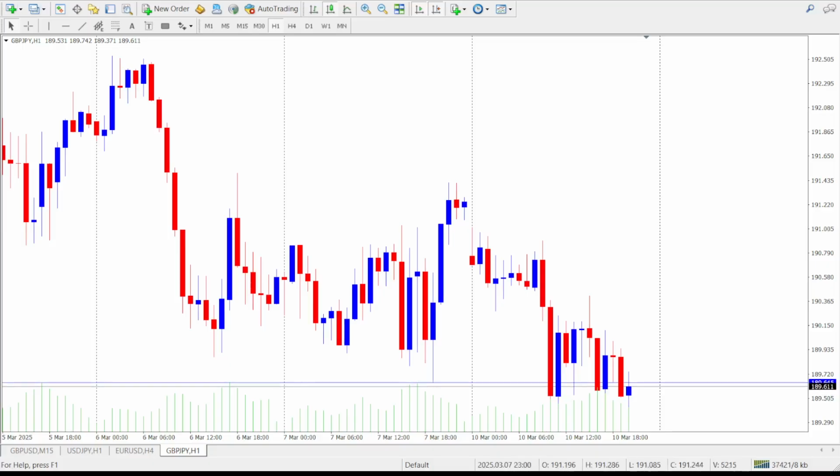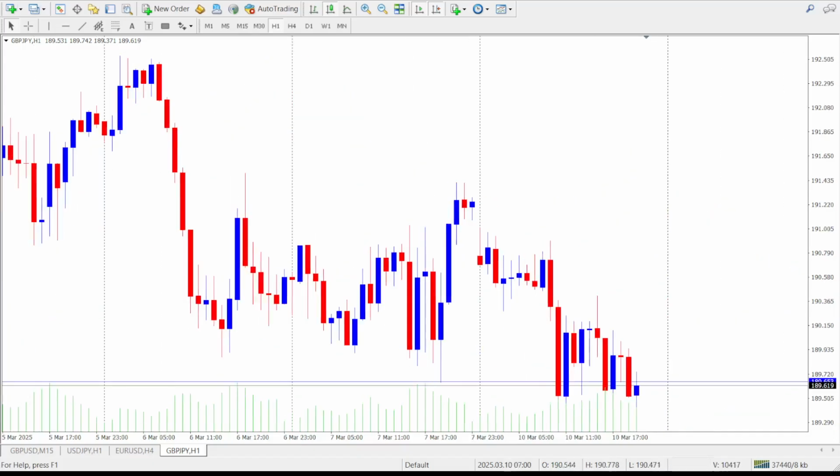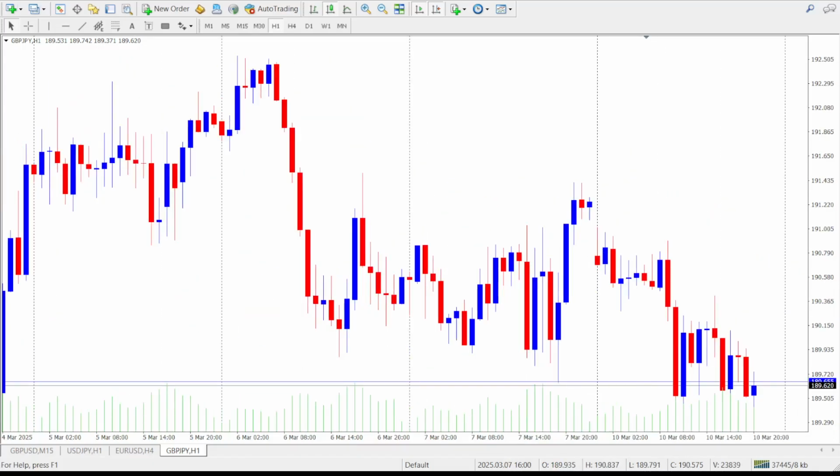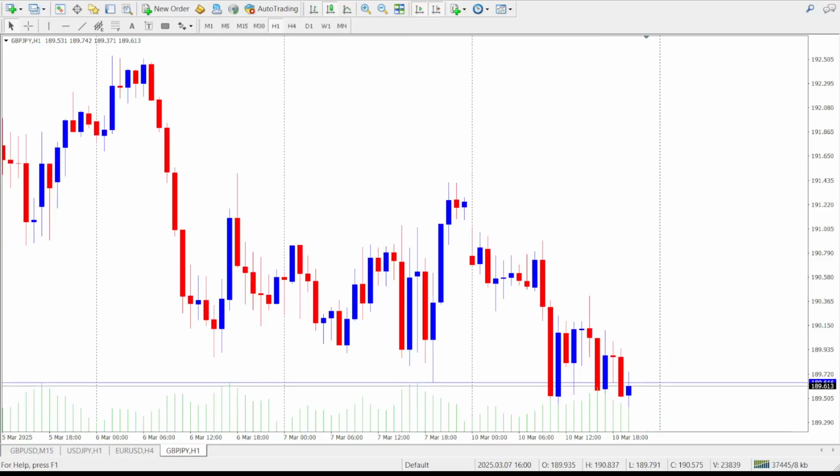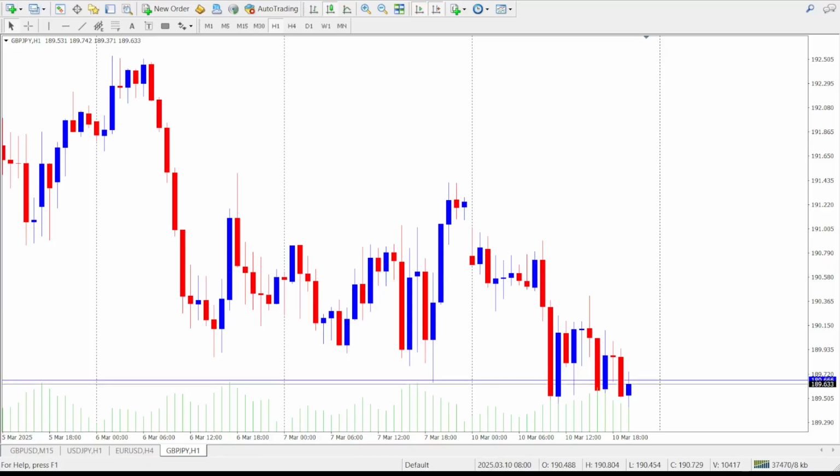First of all, let's quickly define what an oscillator is. An oscillator is a type of momentum indicator that fluctuates between a set range, typically between 0 to 100 or minus 100 to plus 100.